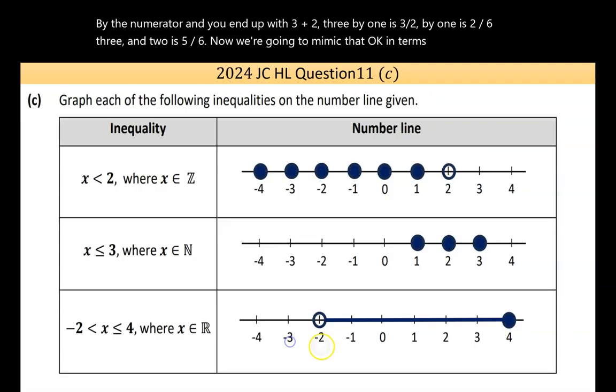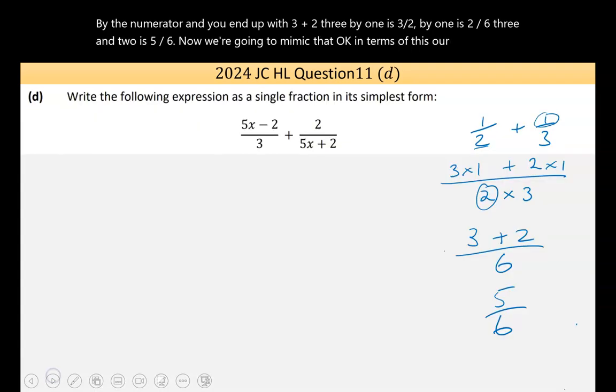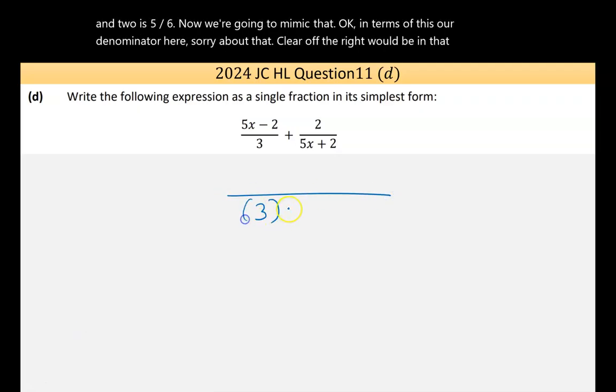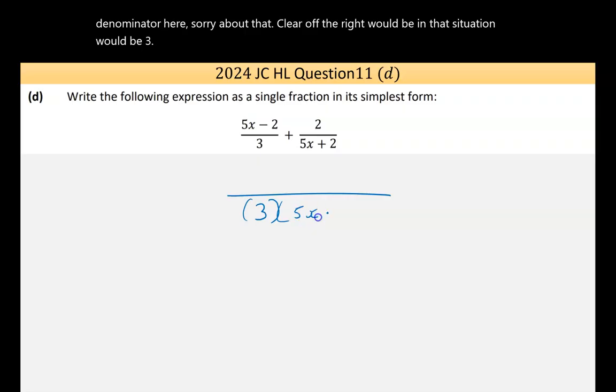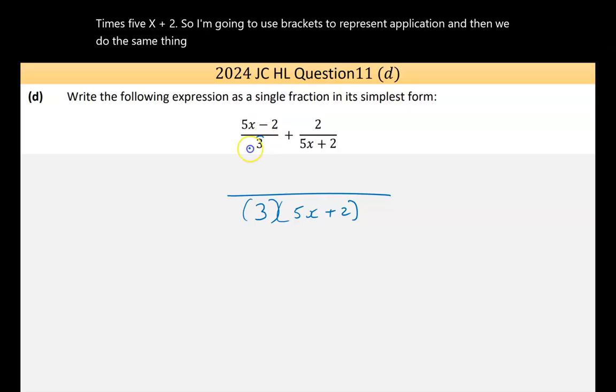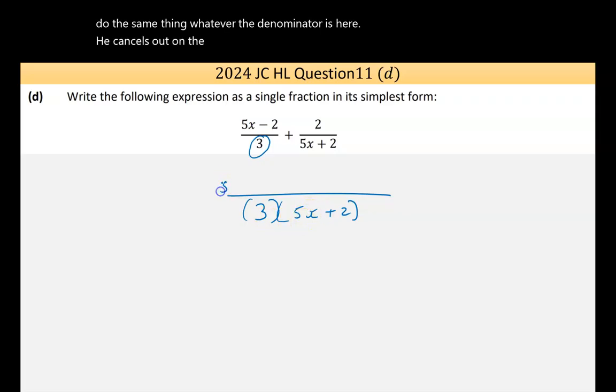So our denominator here, sorry about that, clear off the writing, in this situation would be 3 times 5x plus 2. So I'm going to use brackets to represent multiplication. And then we do the same thing. Whatever the denominator is here cancels out on the bottom, and we multiply by the other part of the common denominator.